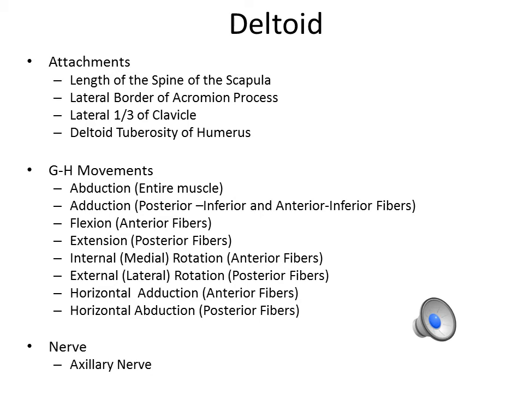The anterior fibers will produce internal or medial rotation, whereas the posterior fibers produce external or lateral rotation. The anterior fibers also produce horizontal adduction, whereas the posterior fibers produce horizontal abduction. The deltoid is innervated by the axillary nerve.